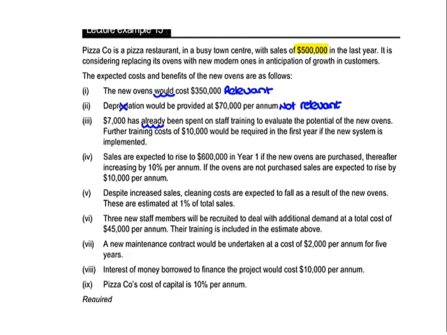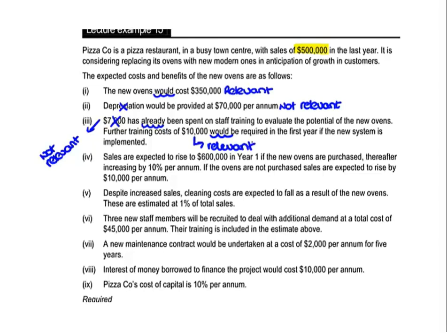Well, because it's already been spent, it's not relevant because it's a sunk cost. Further costs for training of 10,000 would be, so it's in the future, be required if the new system is implemented. So that is a future incremental cash flow, so that's going to be relevant.